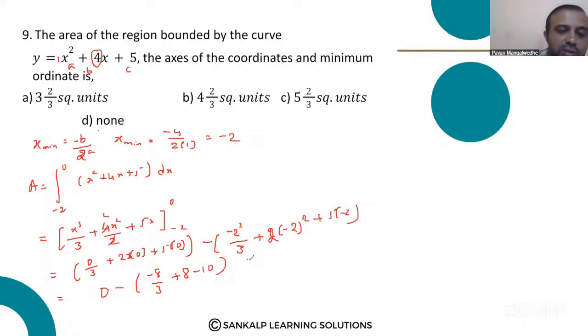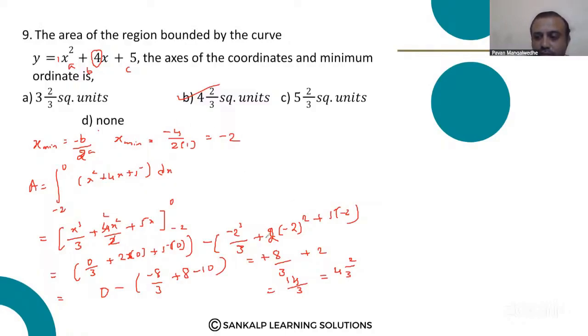After resolving this, minus of minus 8 by 3 becomes plus 8 by 3, plus 8 minus 10 is minus 2, and with the minus again it becomes plus 2. So 3 into 2 is 6, 6 plus 8 is 14 by 3. 14 by 3 can be written as 3 into 4 is 12 plus 2, so 4 integer 2 by 3 square units. Like this we can solve this.